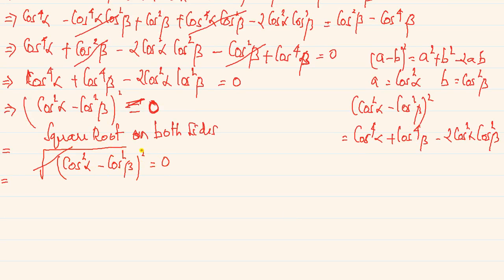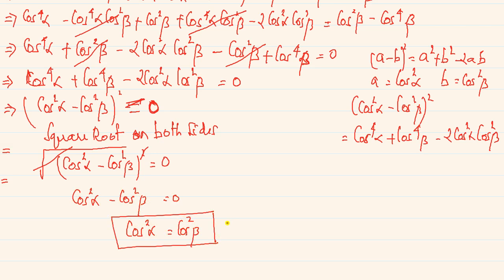So square root on square will get cancelled. So it will become cos square alpha minus cos square beta is equal to 0. So cos square alpha is equal to cos square beta. So this we'll keep as equation 1.